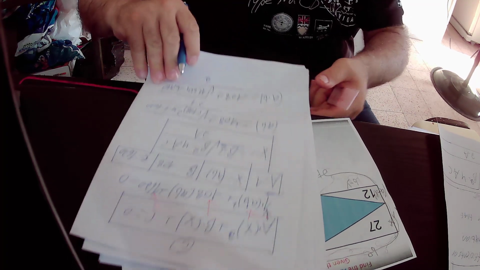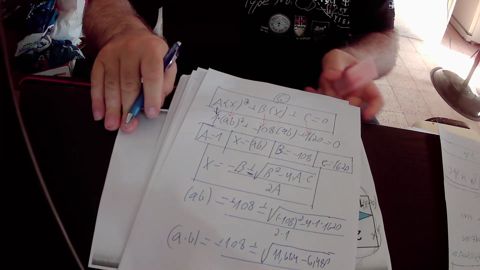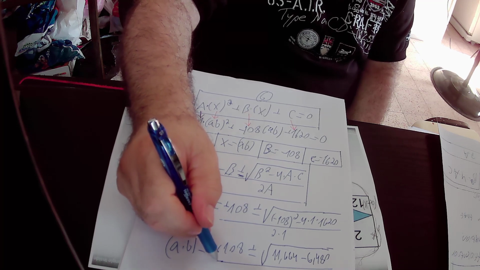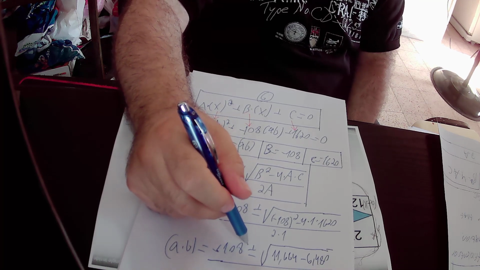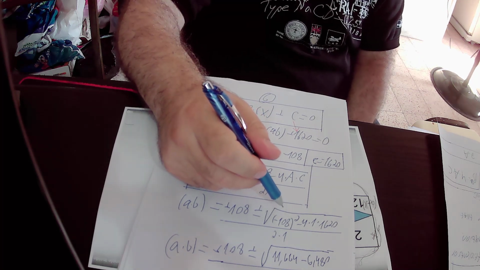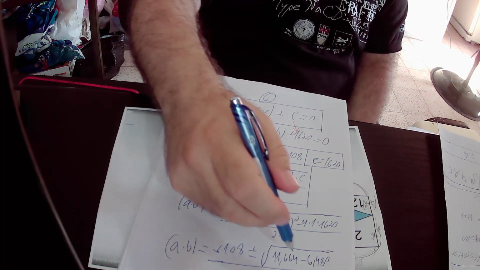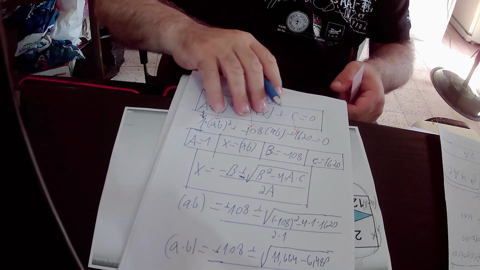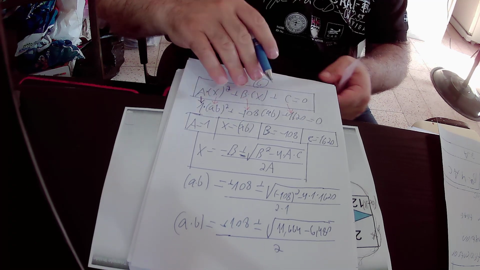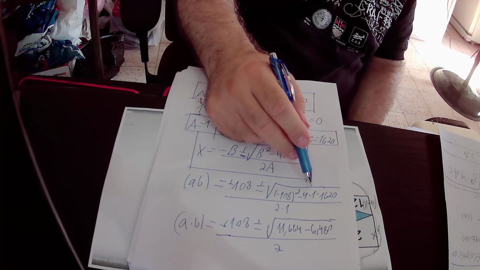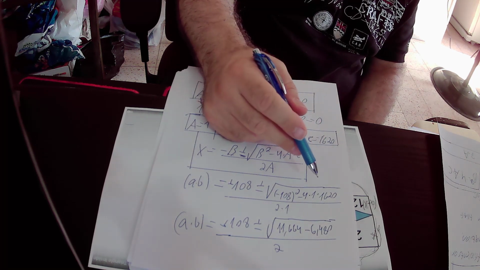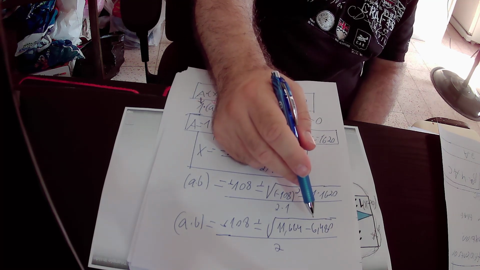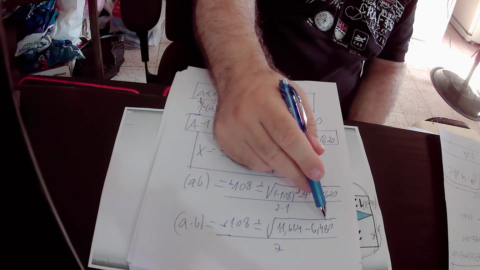I will repeat again: AB equals positive 108 plus or minus the root of 11,664 minus 4 times 1 times 1620, or 4 times 1620, which equals 6,480.